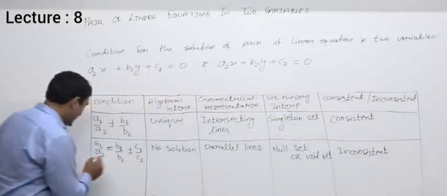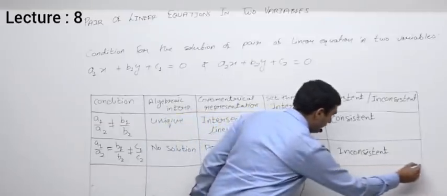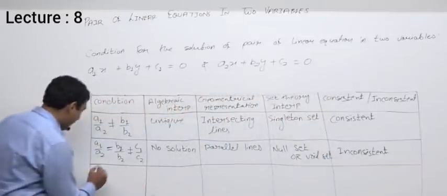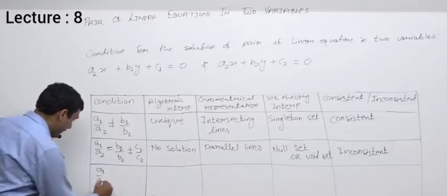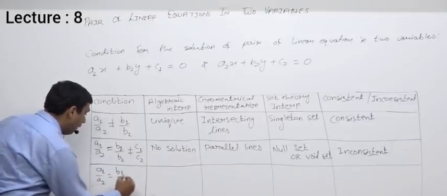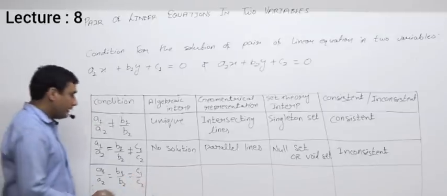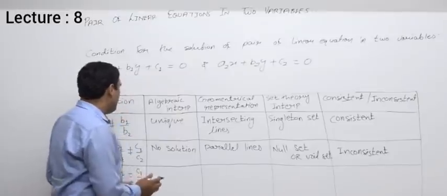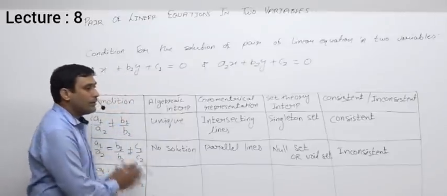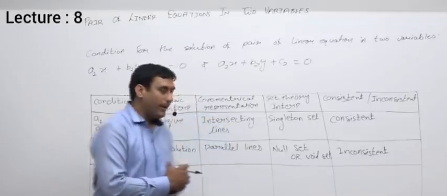Now the last condition, or the third condition: if a1 upon a2 is equal to b1 upon b2, also equal to c1 upon c2. Here, when these three ratios are the same, you will actually get no two different lines; the lines will be the same.